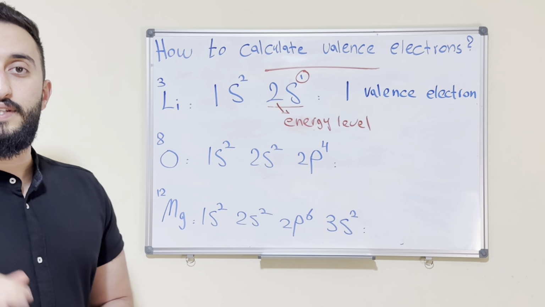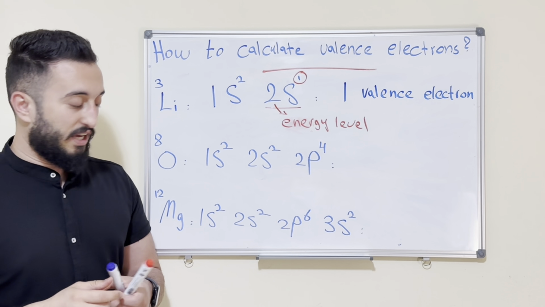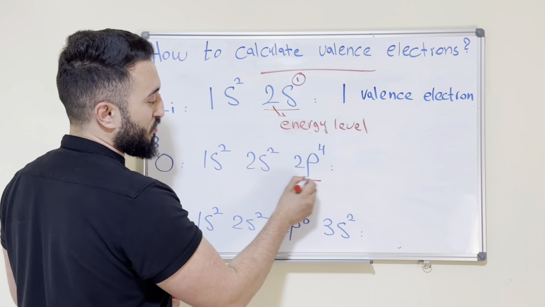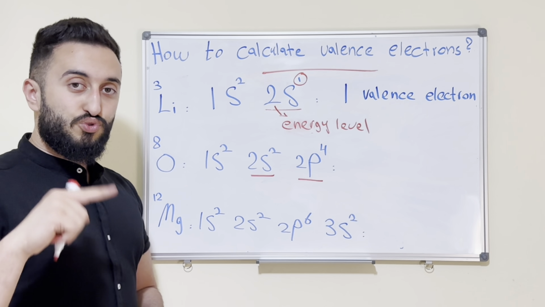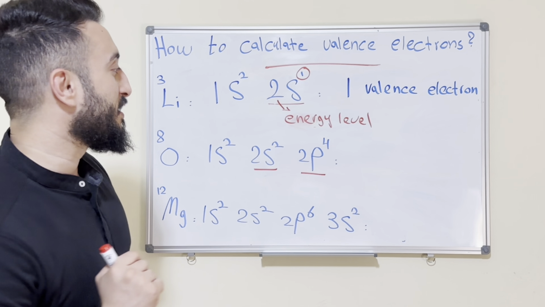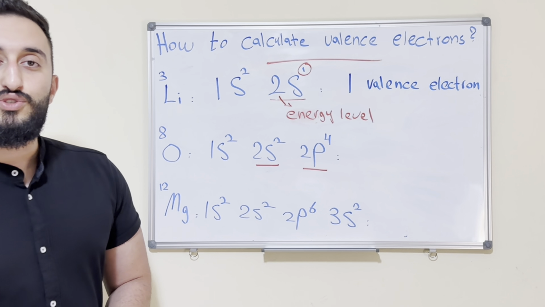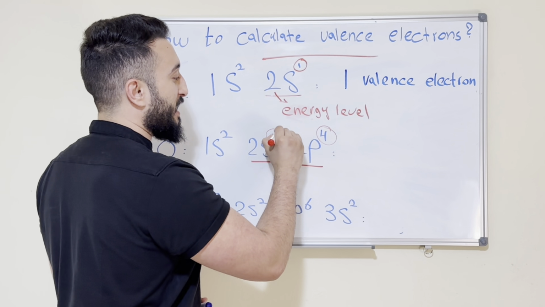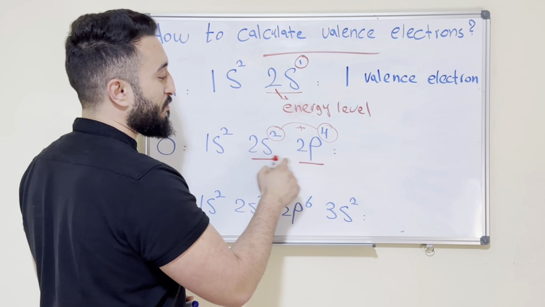Let's try to apply the same thing to oxygen 8. What is the highest energy level here? It is 2. But here we have 2s and 2p. So in this case, what are we going to do? We are going to add the electrons that exist in both of them.